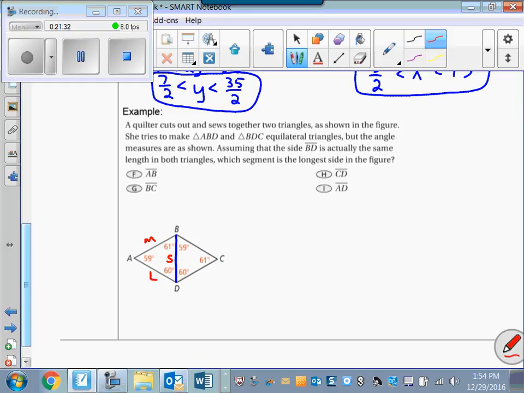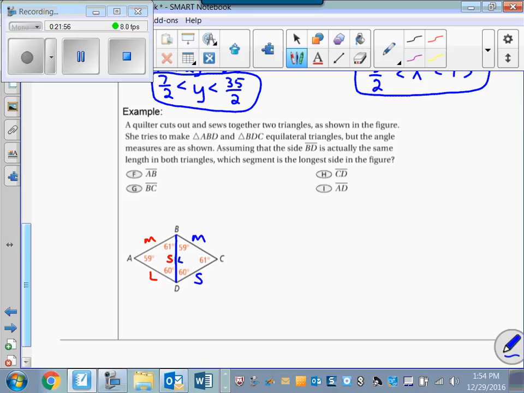So we're going to label both triangles. Okay, now I'm going to use another color for the other triangle. Which is the longer side in BDC? Well, it's this one. BD is the longer in this one. And this is the medium, and this is the shortest side.